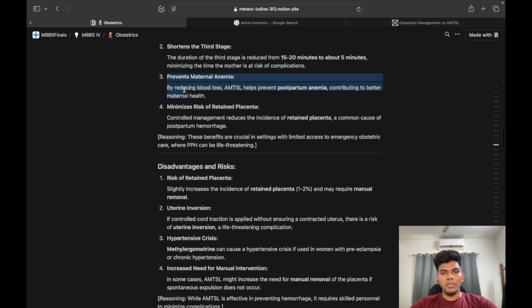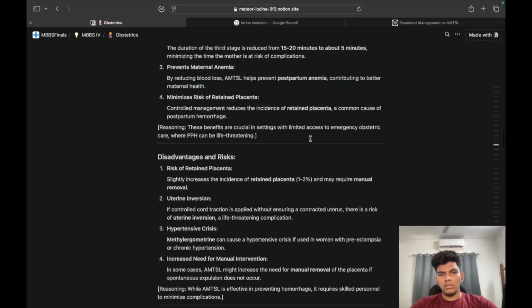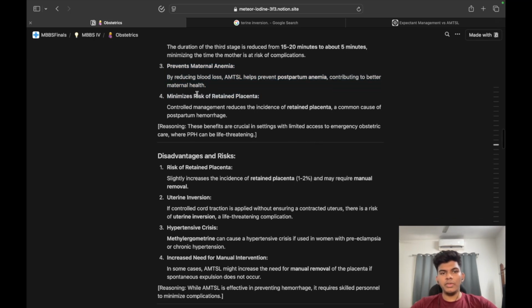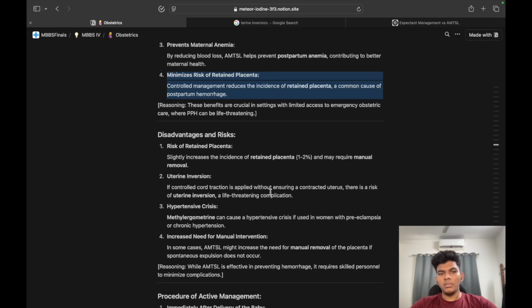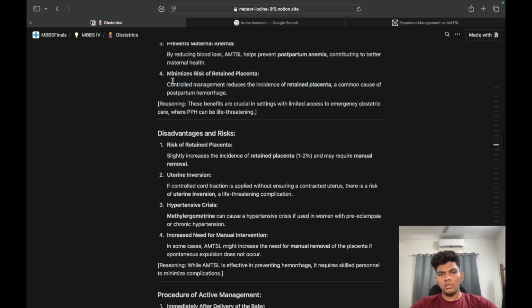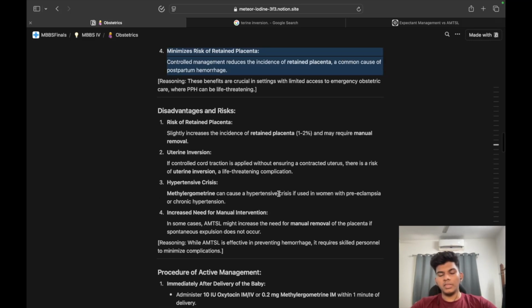Prevent maternal anemia by reducing blood loss. AMTSL helps prevent postpartum anemia, contributing to better maternal health. Minimize the risk of retained placenta. Controlled management reduces the incidence of retained placenta, a common cause of postpartum hemorrhage.